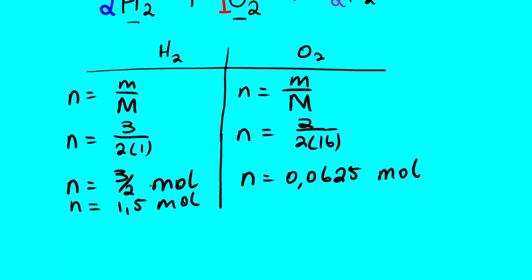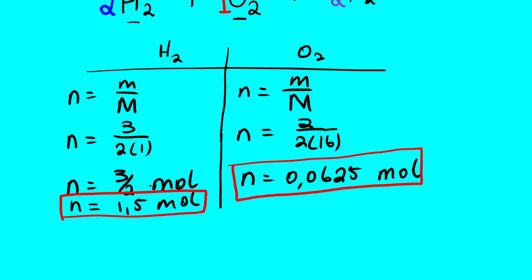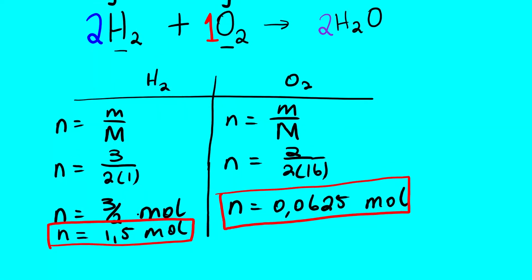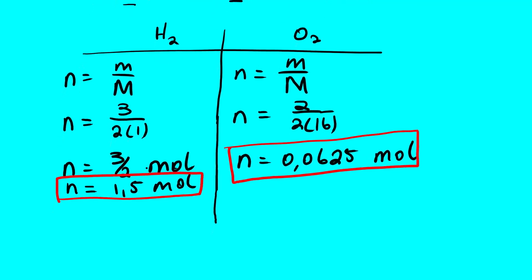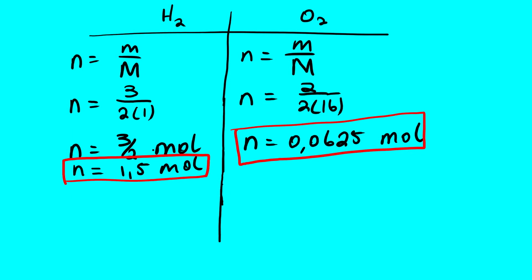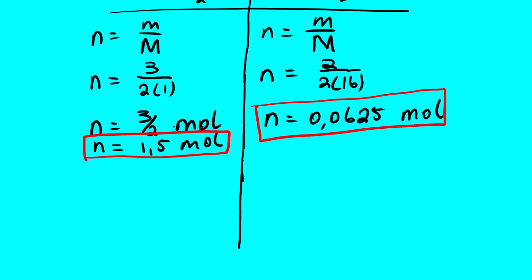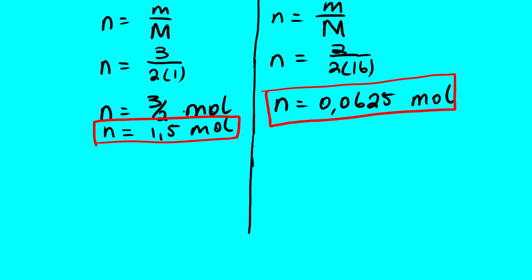So as you can see, this is the number of moles we have. Now we need to continue to calculate. We can start with either hydrogen or oxygen. Now we start with hydrogen.